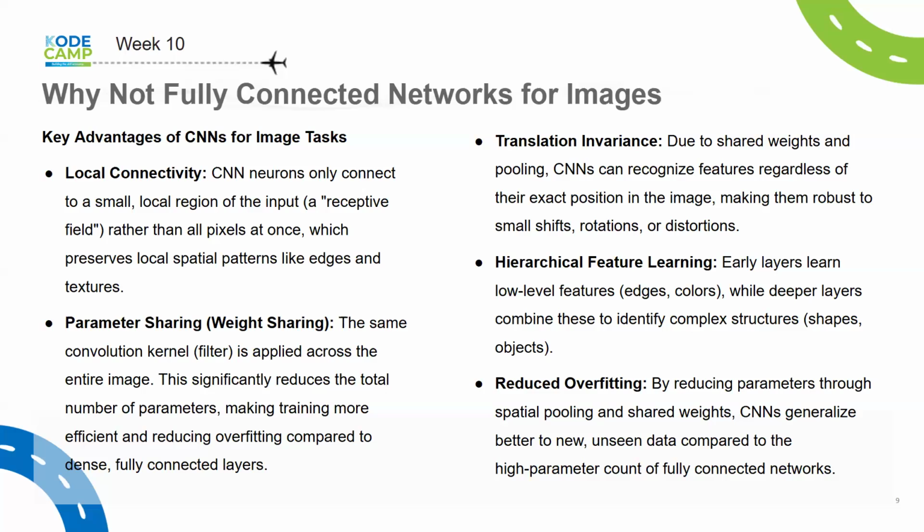Unlike a fully connected layer, where between the next layer and the previous layer, each neuron is connected to all of the other neurons, and the weight or the parameter is fixed between those two neurons.